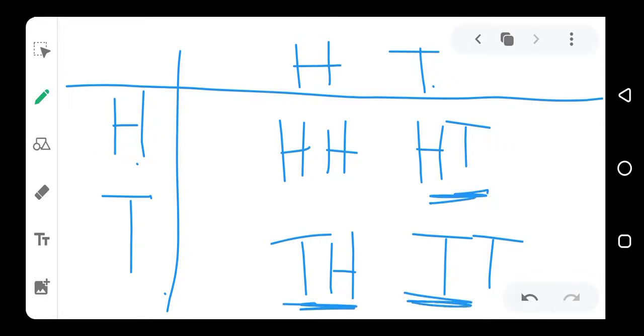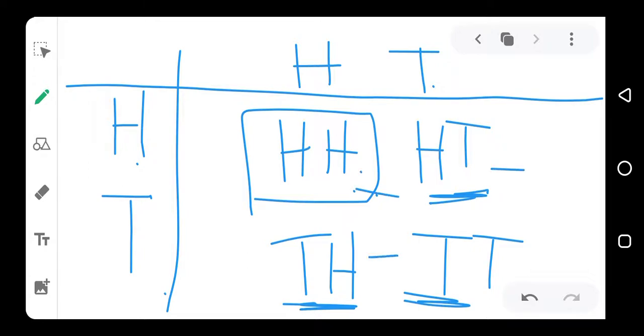This one does not even have any head at all. It is only this one that has two heads, that is HH. So this is the event in question, the one we are working with. It is only one, while the sample space we have is 4. 1, 2, 3, 4.